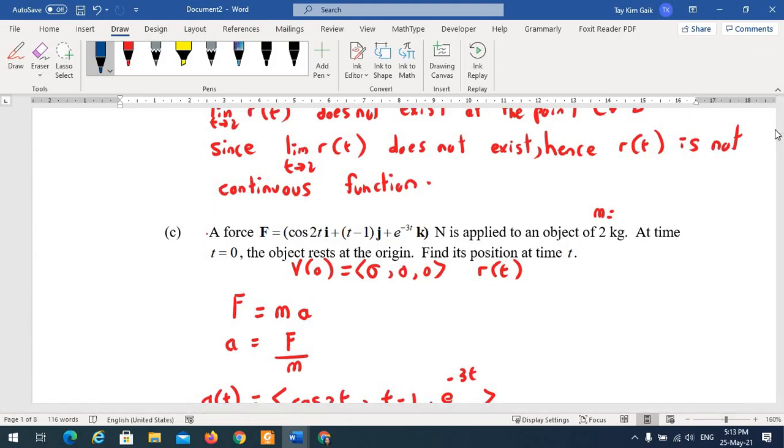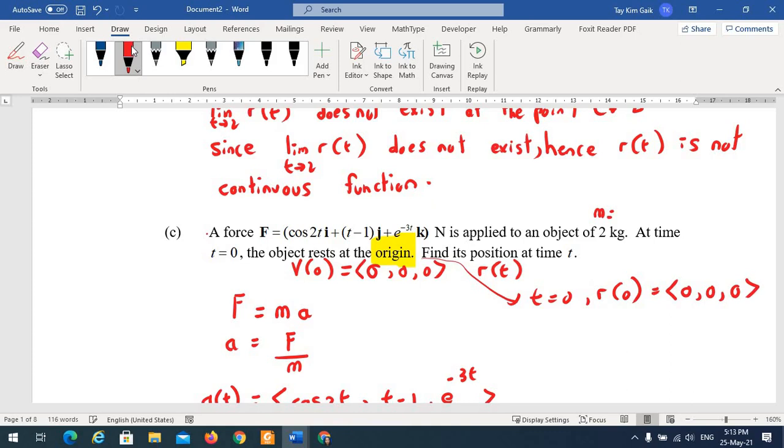Okay, this tells you at time t equal to 0, the object rests at the origin. So when t equal to 0, R(0) is actually the origin, x0, y0, z0.